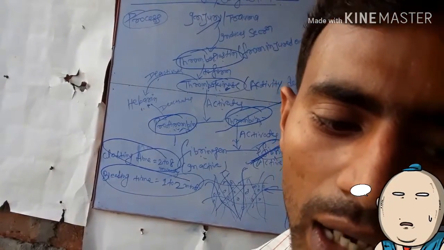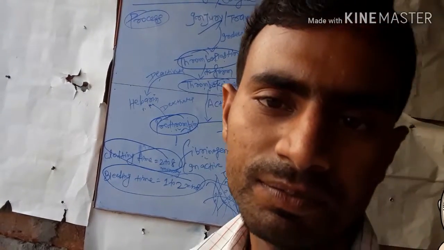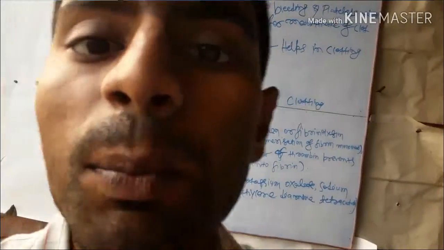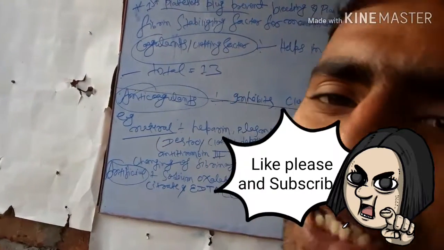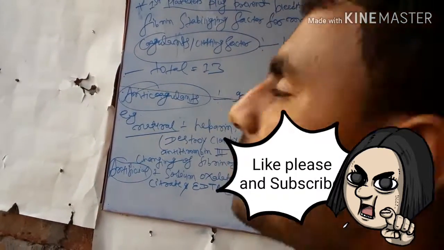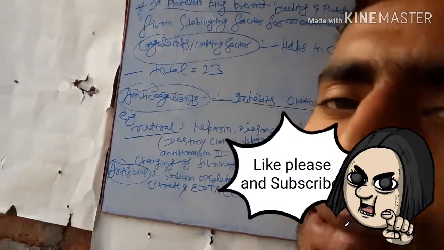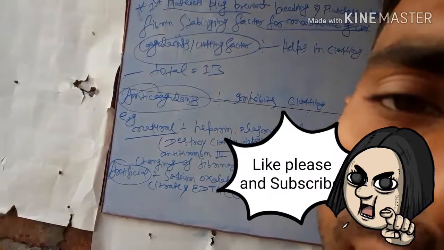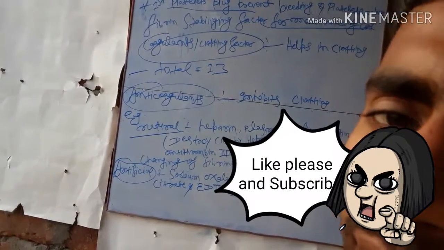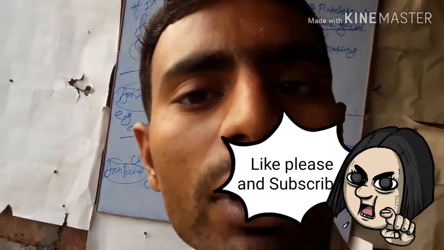After that, clotting factors. What are the clotting factors? In clotting, first the platelet plug prevents bleeding, and platelets release fibrin stabilizing factor for maintenance of the clot.